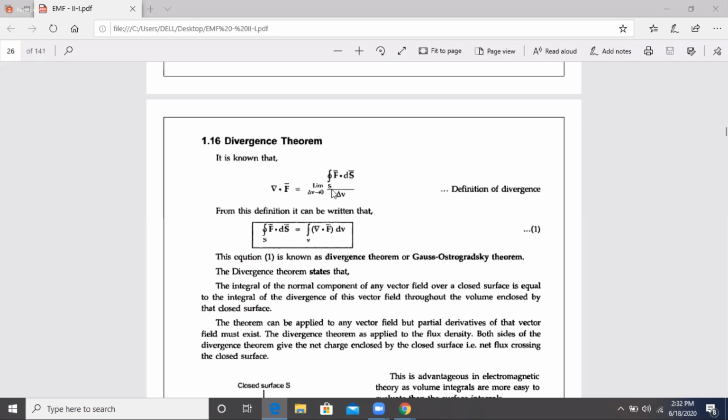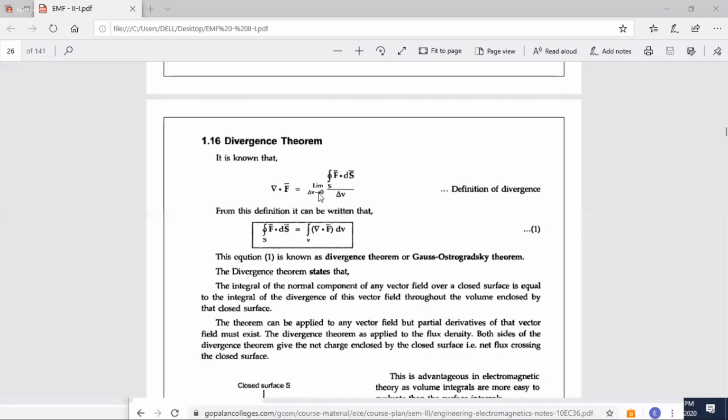So as your volume tends to 0, del dot F is your integral over your entire surface of F dot ds, divided by your volume.